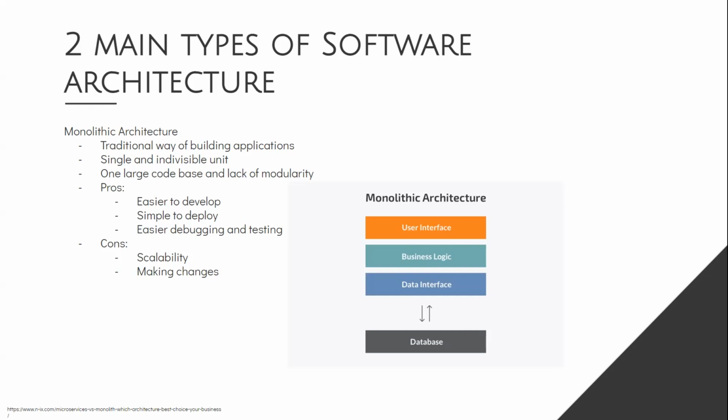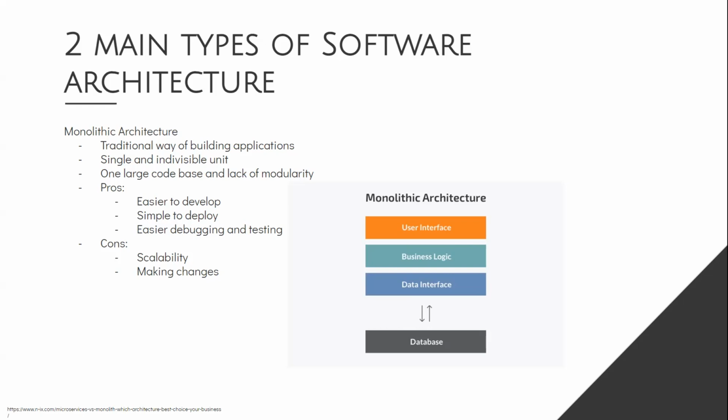The cons are scalability, and this is a big one. As I said, a lot of companies have big problems working with this monolith architecture that they decided on, or not decided and just started back in the day, and now they need to scale it up.